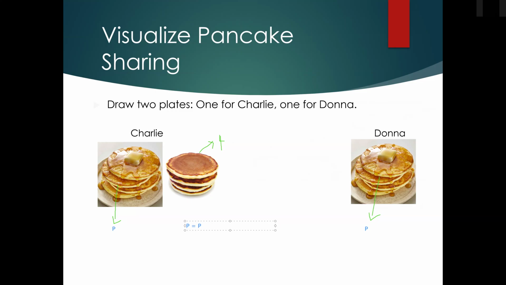We're told that Charlie has 4 more pancakes. Like the last problem, what we're going to do is take the difference, which is 4, and we can split it in half. When we split 4 in half, we get 2.